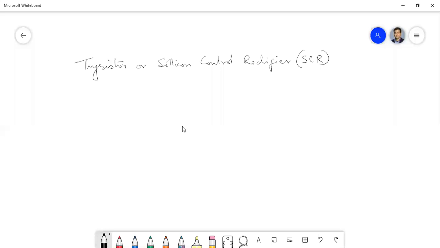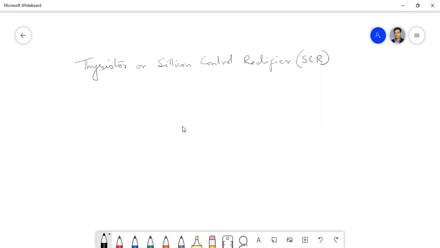So this SCR or this thyristor is basically a 4-layer device. As you have seen, the diode is basically a 2-layer device, and the transistor is a 3-layer device. So the layers are basically NPN or PNP.